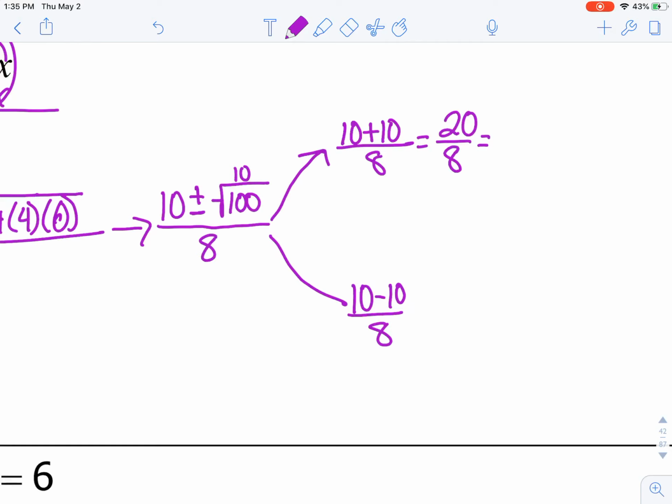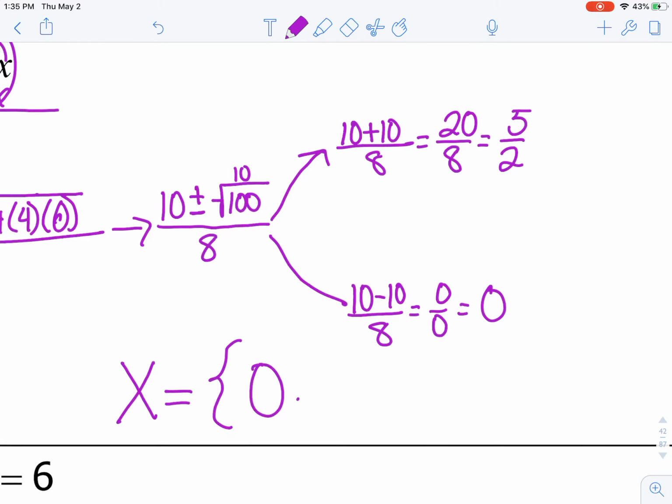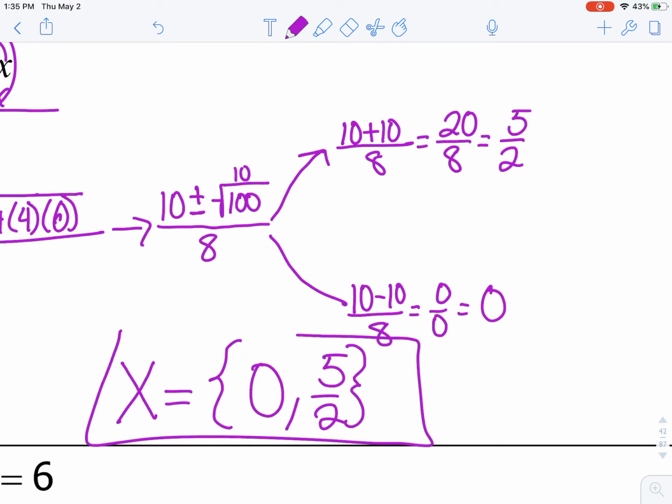I want to keep it as a fraction. So I'm just going to reduce it to 5 over 2. 10 minus 10 is 0 over 8, which is just 0. So my solutions, x equals, a little curly brace, 0, 5 over 2. And I get my answers.